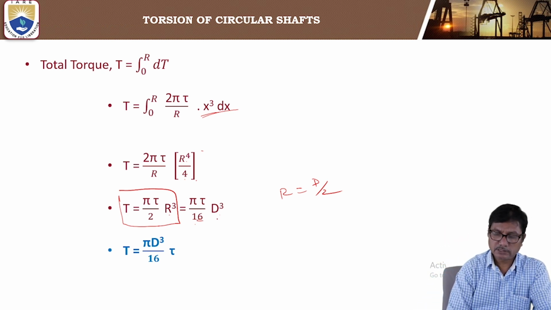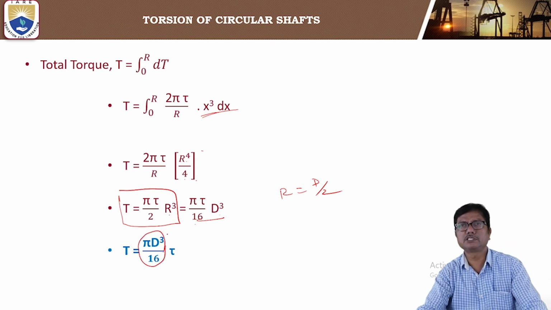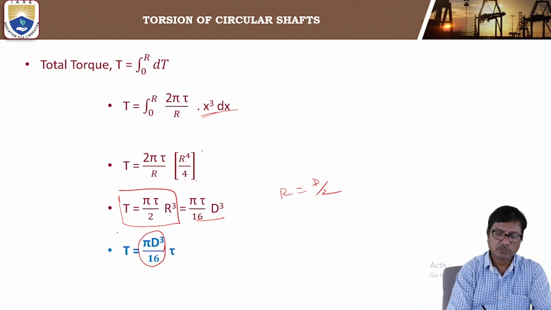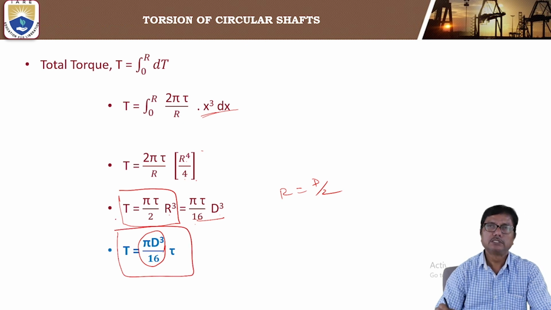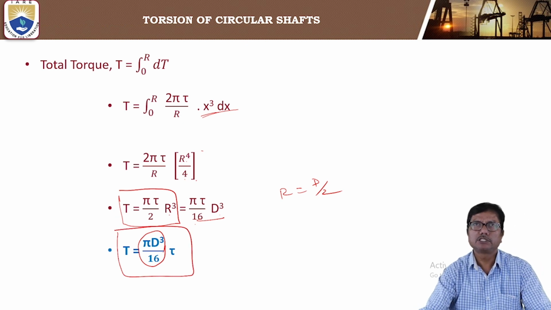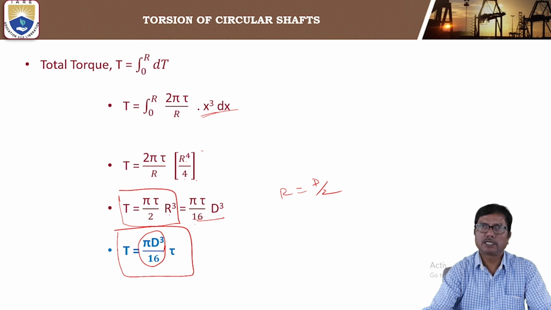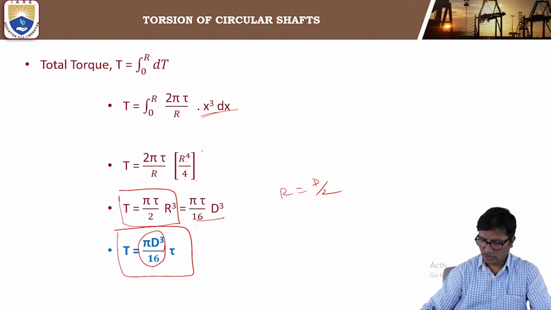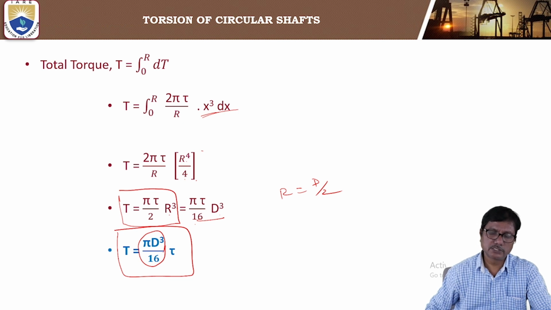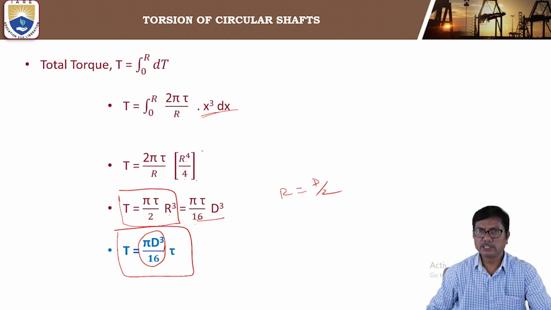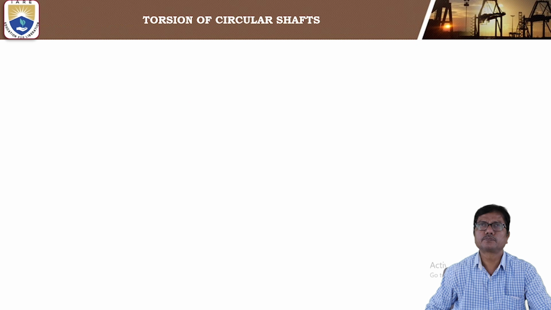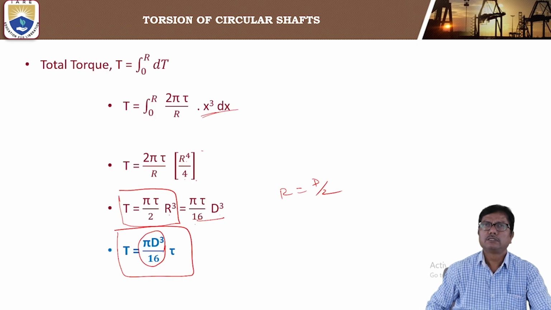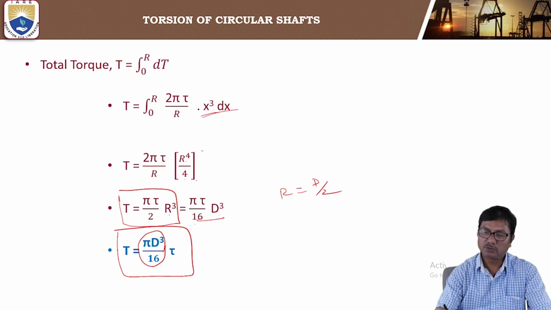So by rearranging, you will have pi d cube by 16 into tau. So this is the total twisting moment, total torque acting on the shaft. Okay, total torque on the shaft is pi d cube by 16 into tau.